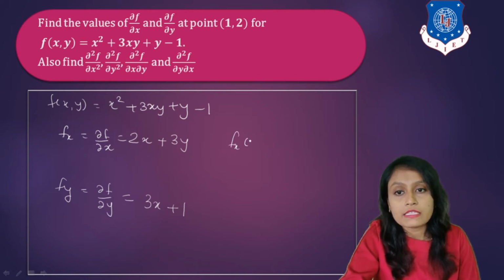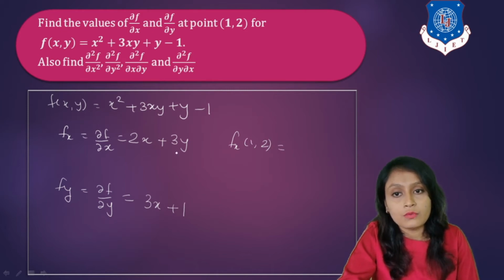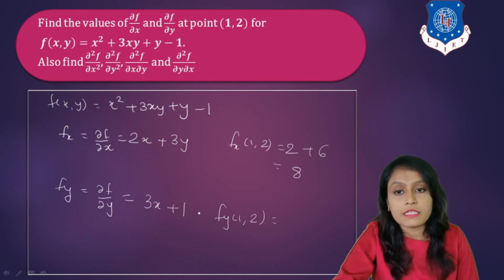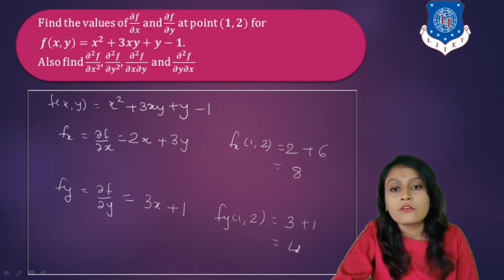So f_x at (1, 2): in place of x write 1, and in place of y, 2. So here you will get 2 + 6, so the answer is 8. Again, f_y at (1, 2): in place of x we write 1. Here we don't have y, so just substitute 1 in place of x. So you will get 3 + 1, that is 4.